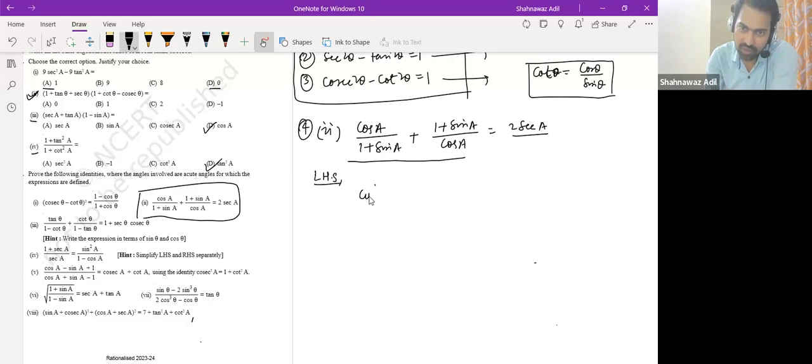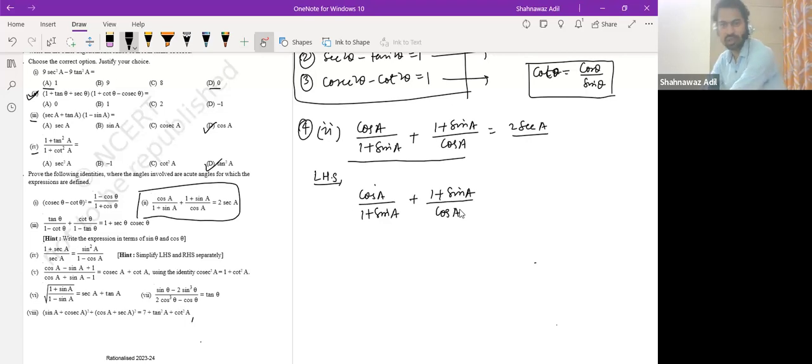Okay, so Amar, you tell me what should we do first? Because the first criteria is fulfilled. Changing it to sine and cos, that is fulfilled. It is already in sine and cos. So what should we do next? Should we take the reciprocal?